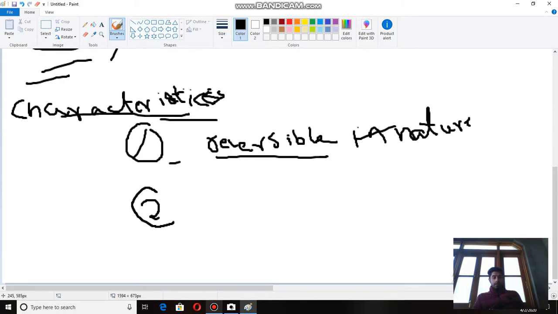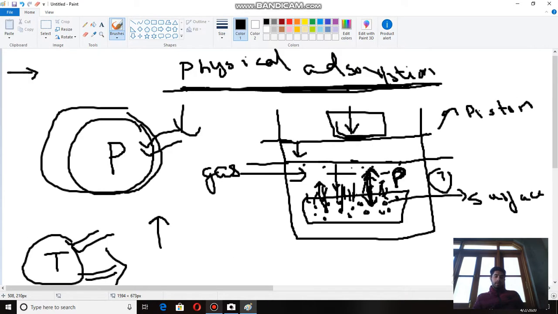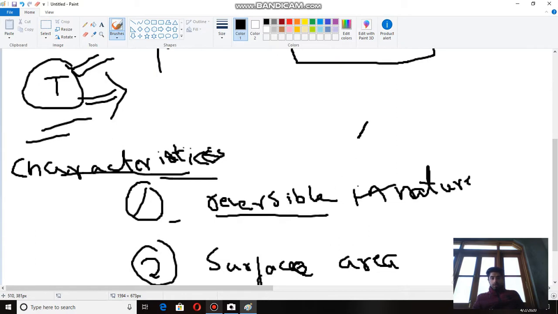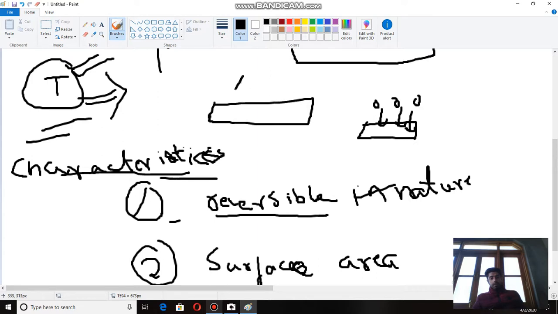Second, it depends upon the surface area. What do I mean by that? If we have a small surface, obviously fewer particles will get adsorbed over here, and if we have a larger surface area, more particles have the chance to be adsorbed over here.